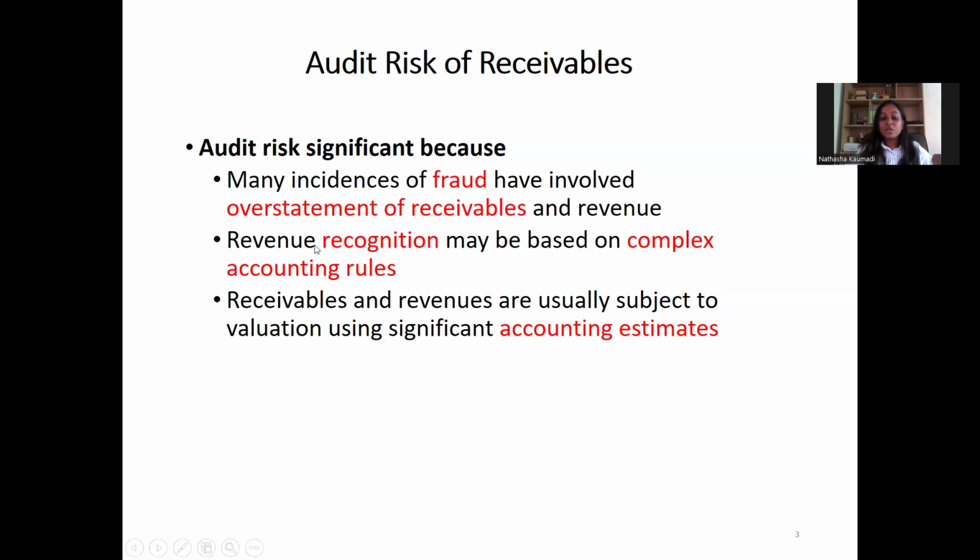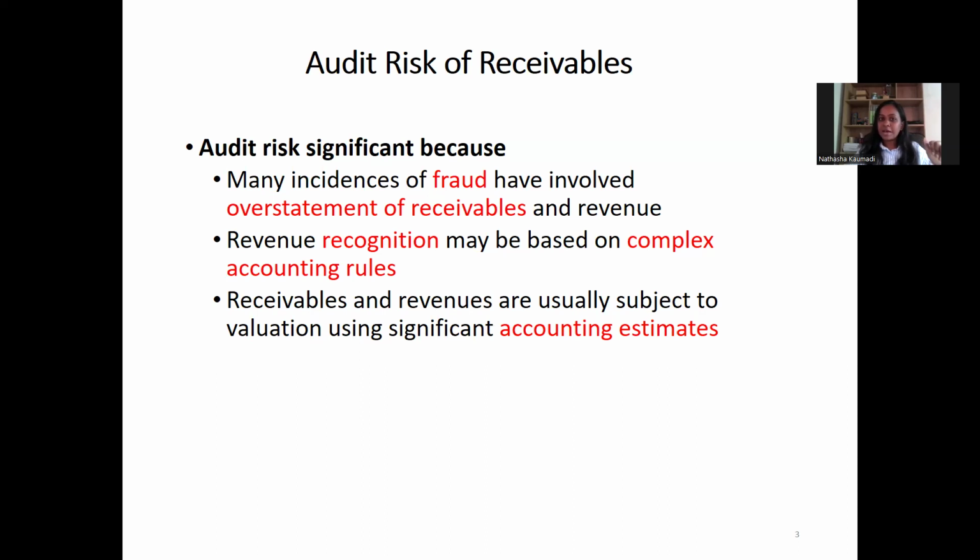That's why it says revenue recognition may be based on complex accounting rules. The processes are very complex. In those companies, based on the nature of the service or the goods provided, sometimes it's difficult. When the revenue recognition point is difficult to understand and the processes are really complex, what about the audit risk? Audit risk is high. Why? There is a high chance that there can be material misstatements, frauds and errors. That's why audit risk is high.